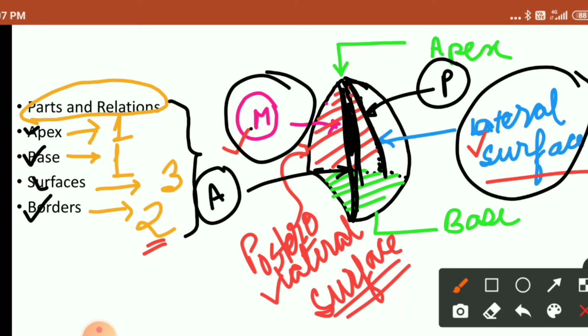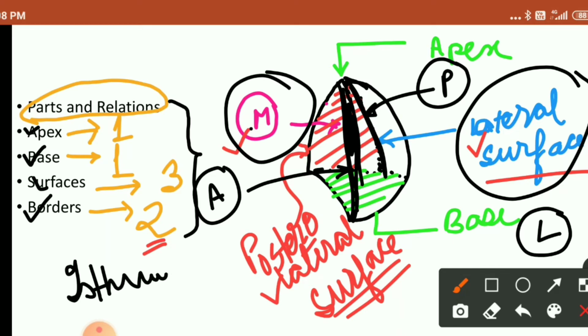Yes, in this way we have completed the schematic diagram of parts of the thyroid gland, the apex, the base, the surfaces and borders. This is for the left thyroid lobe, and the same will be applied for the right thyroid lobe also. Both of them are connected with the help of the isthmus.